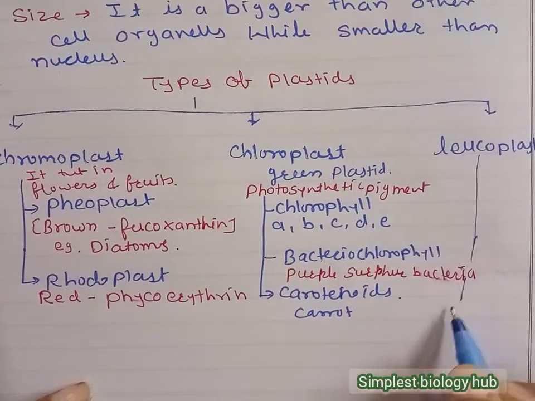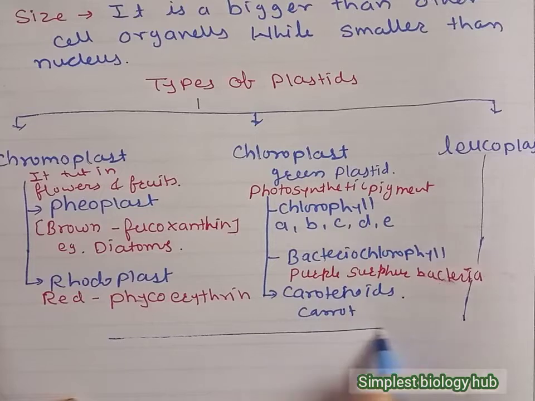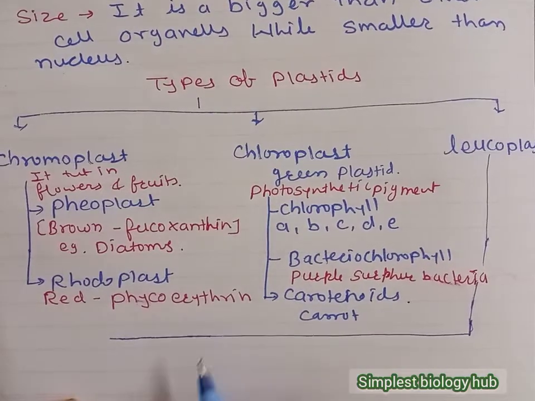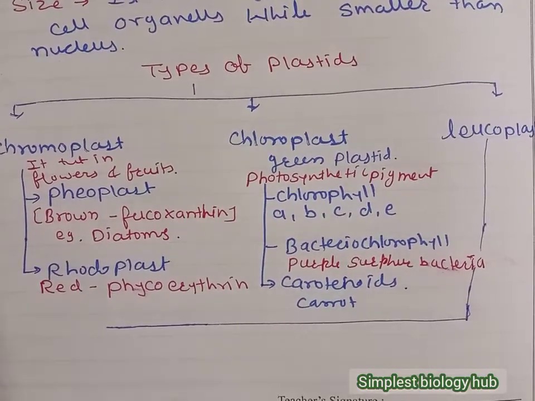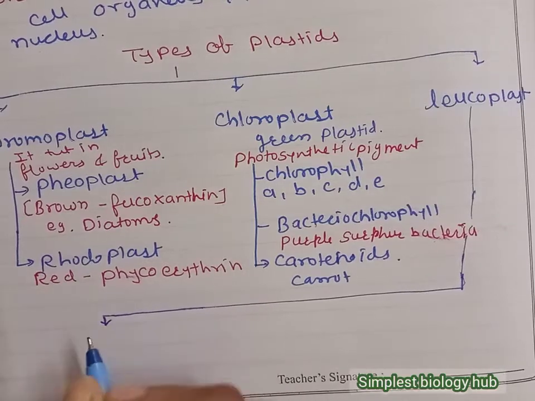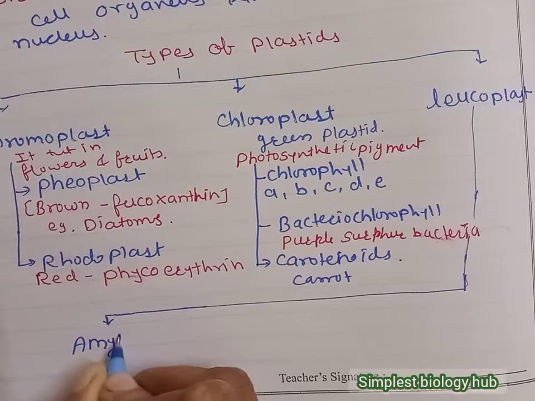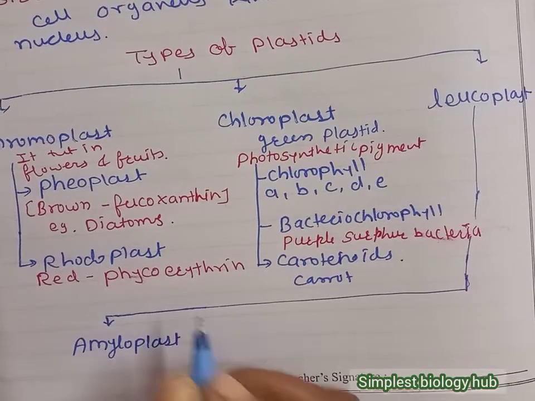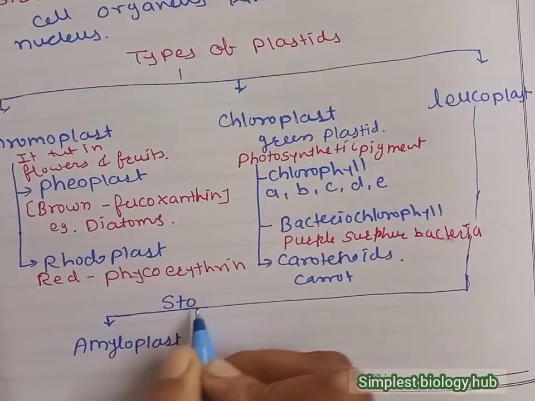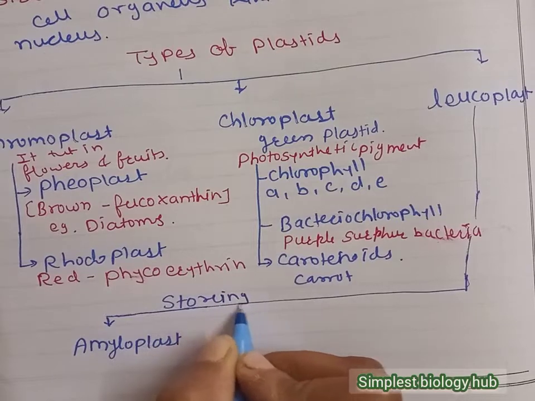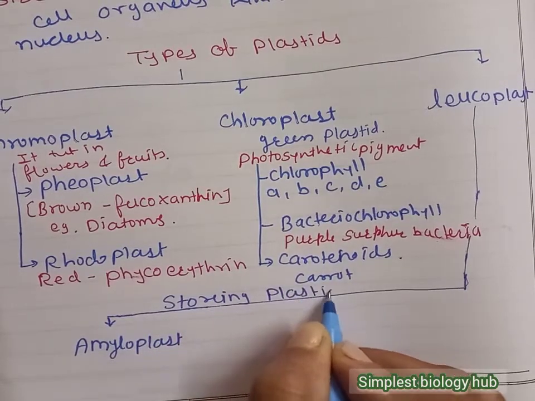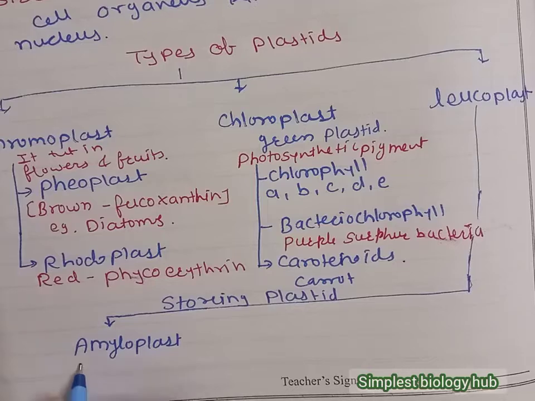Now the leucoplast is the third type of the plastid, and it is divided into three main types depending on what type of material is stored in it, because it is called the storage plastid. First is amyloplast. It is the storing plastid because it stores food material in it.